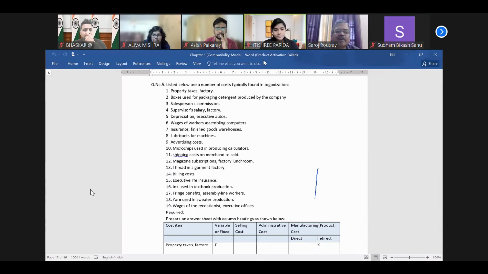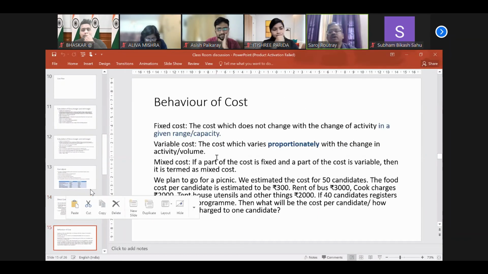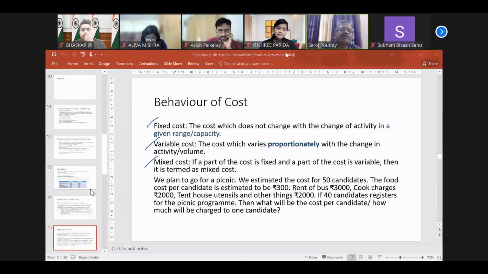Okay. The rest of the things you have to do, I will take you to the slides where I will discuss the concept of behavior of cost. On the basis of behavior of cost, we can divide it into fixed, variable, and mixed. Fixed cost is something which doesn't change in a given range or capacity. It remains the same. For example, rent.